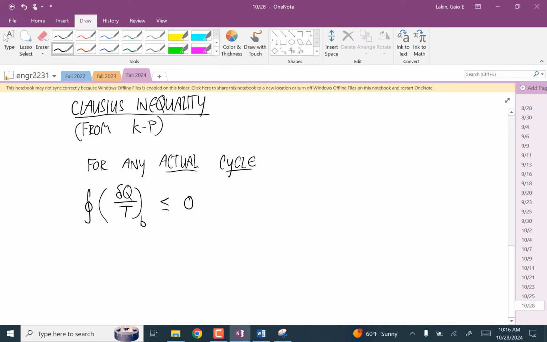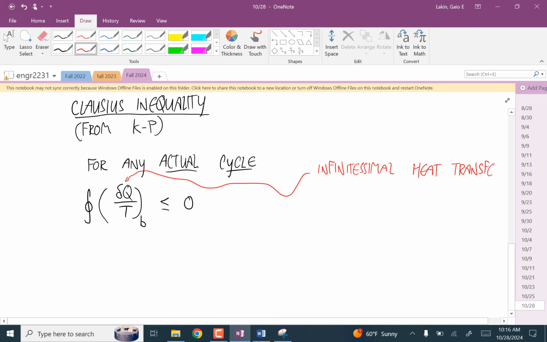What is that, the partial of Q? This is an infinitesimal heat transfer increment. That's all that means. So we're just adding up around the whole boundary all of the amounts of heat transfer that are taking place, and dividing by the temperature at the boundary where that transfer is taking place. Could you say that's like the line integral of 1 over temperature?